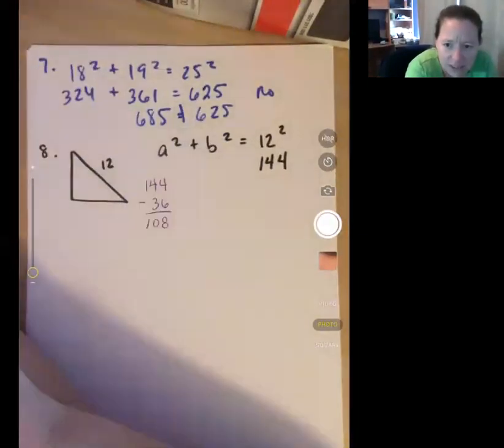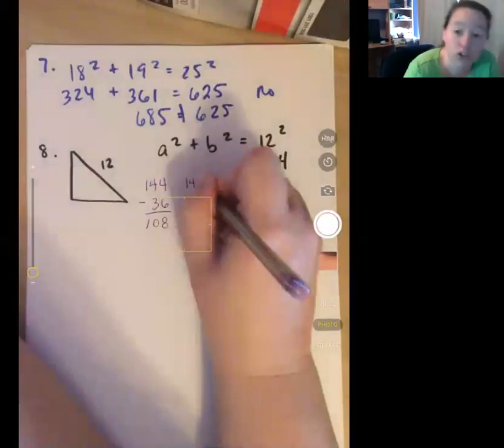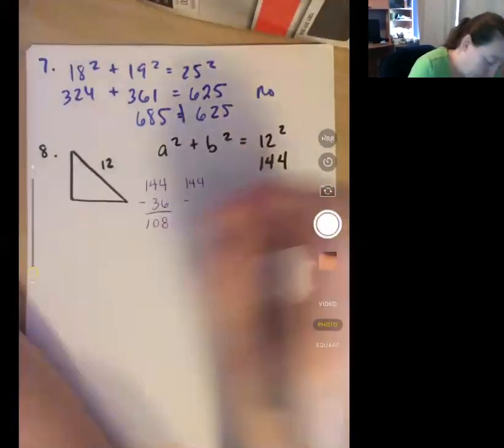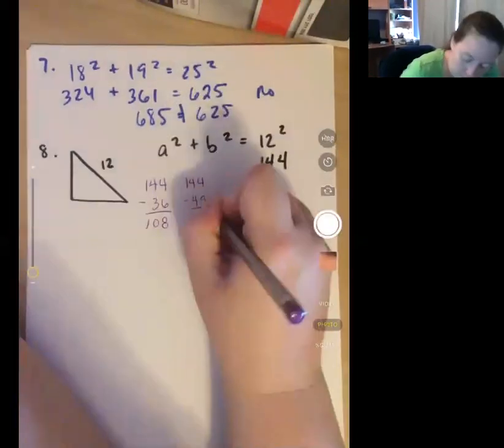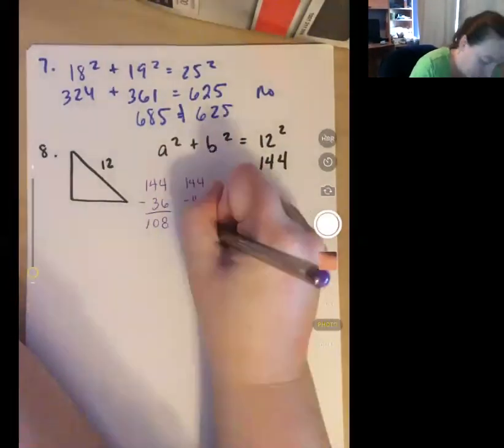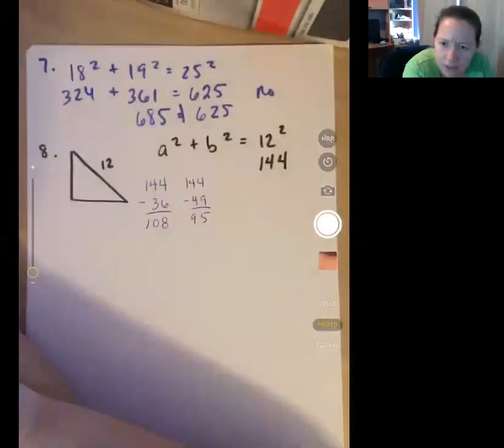I don't know of anything that's going to give us 108. So let's not do 6. Let's do something else. 144 minus 7 squared. What's 7 squared? 49. So 144 minus 49 gives us 95. Again, I can't think of anything that would square and become a 95.